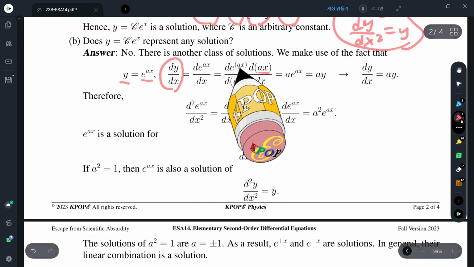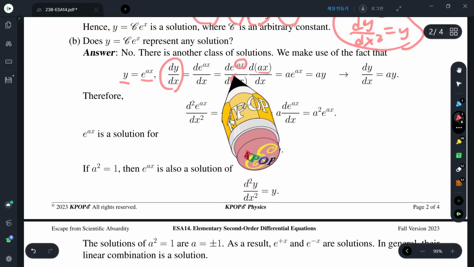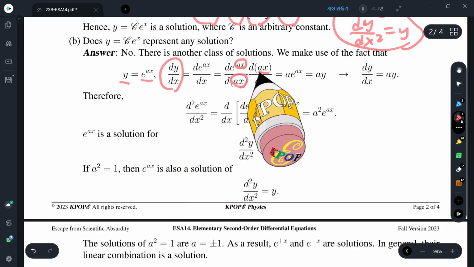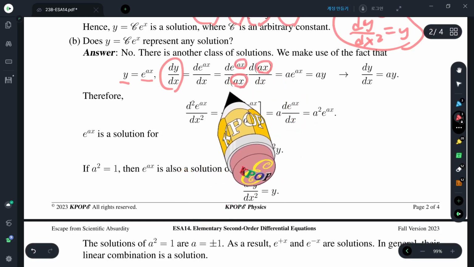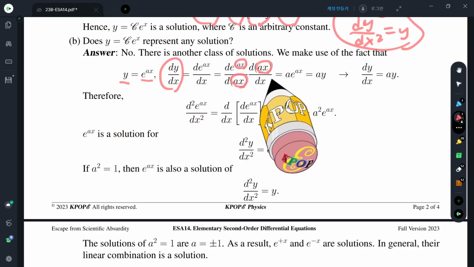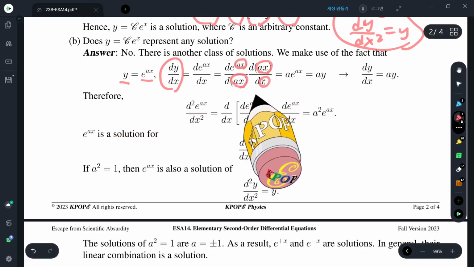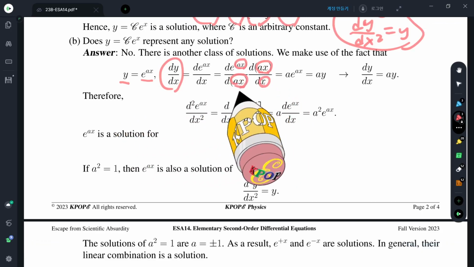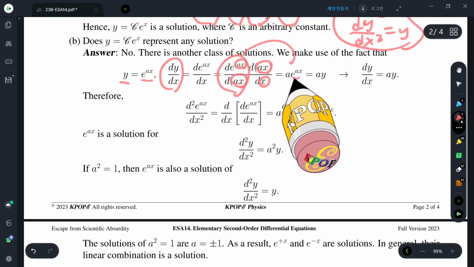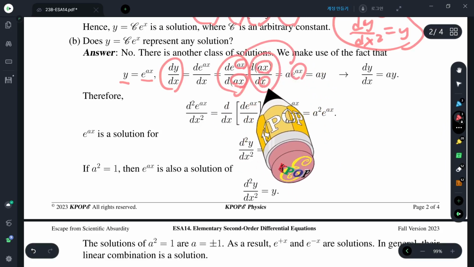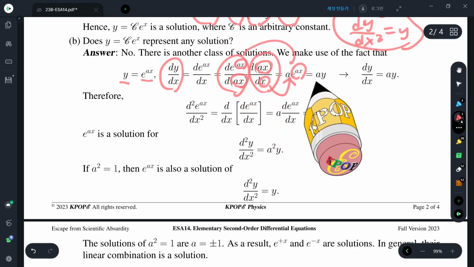We first take the derivative with respect to the full variable, and this variable is then taken by the x derivative. Then this is the same as the original function, and this result is a. So the result is ay.